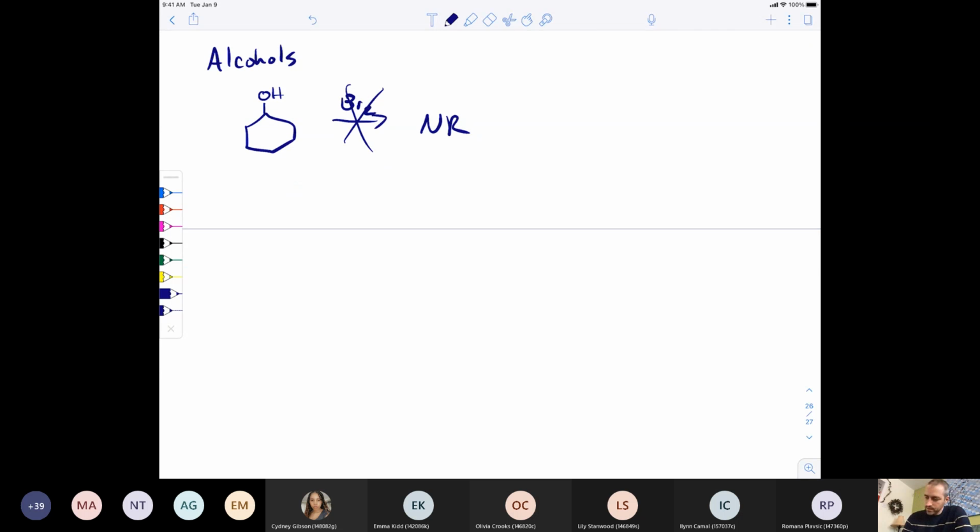So an alcohol, I'm going to pick this one here actually. Pick a more fun alcohol, which I think came from the previous example. With HBr, this is a reaction from unit 7. You end up protonating the alcohol. This makes OH2 plus.